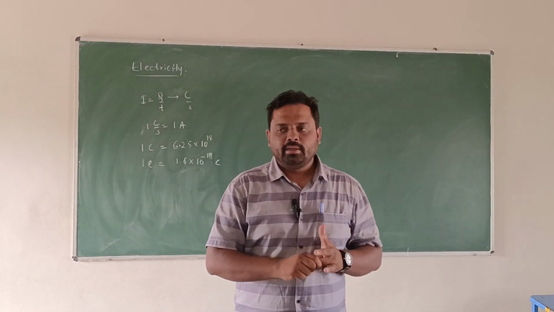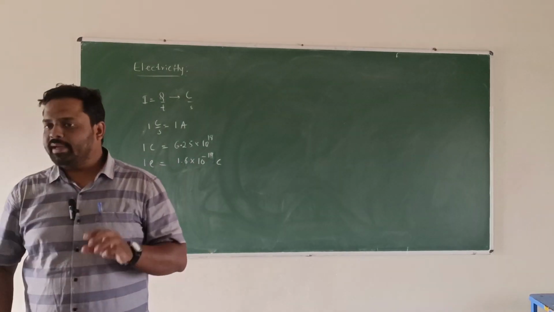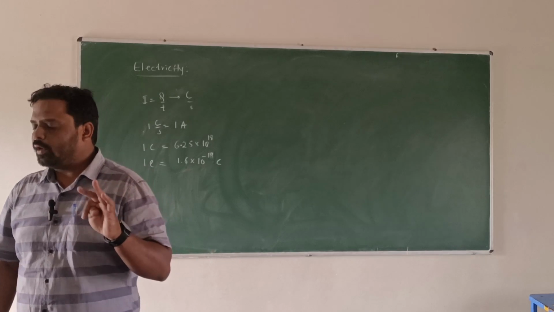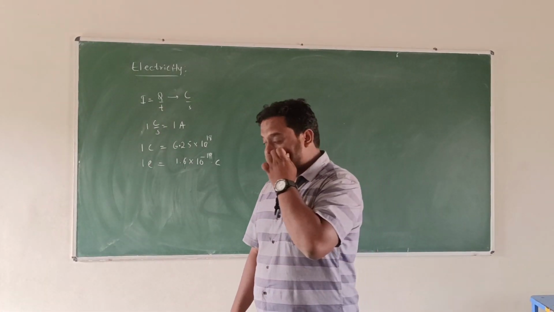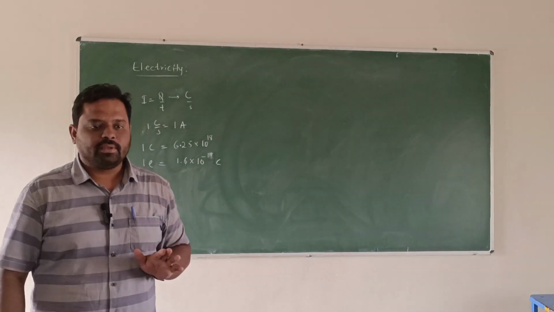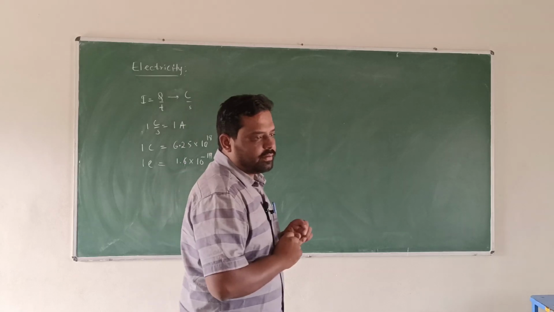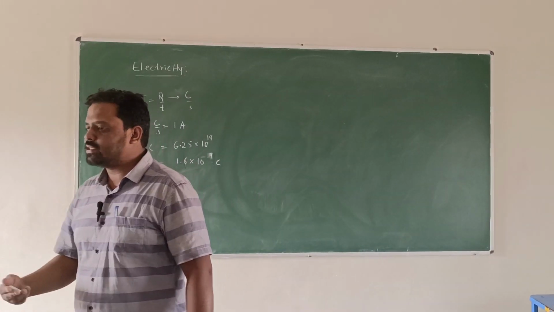Therefore, to connect and disconnect that path, we have a component called switch or plug key. If it is in open position, then there is a disconnection between the conductors, therefore the current flow stops. And if it is closed, then there is a completely closed path of the circuit, and the current starts flowing.